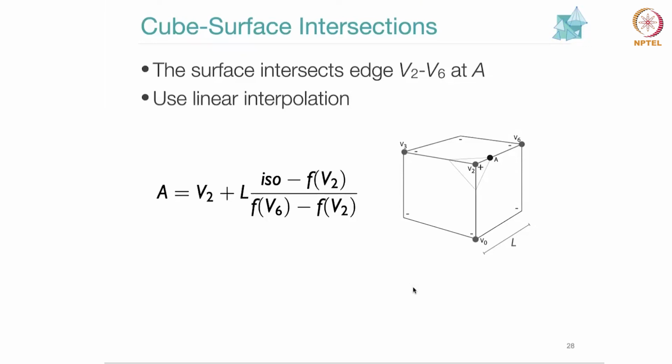The best you can do is just assume that the function was linear within that cube, and perform a linear interpolation to figure out the value of a. The way you do it is with simple linear interpolation. Okay, and I think that's pretty much it.